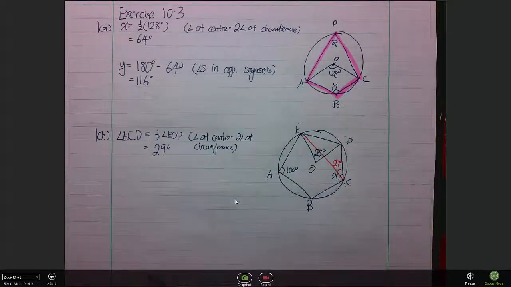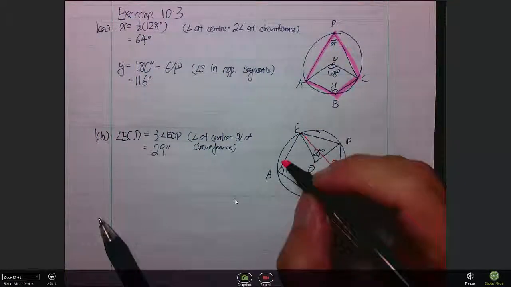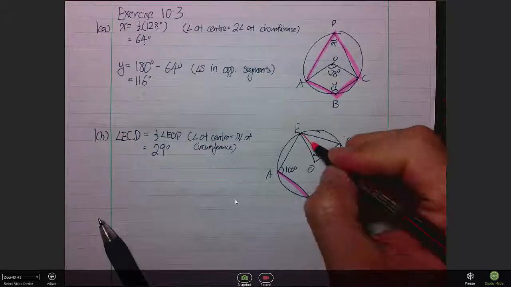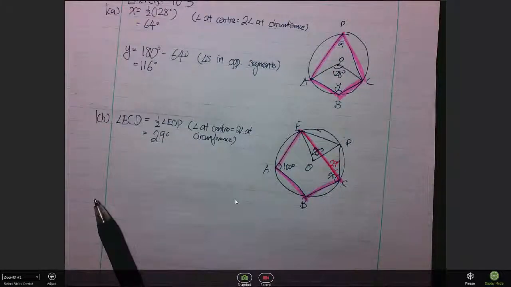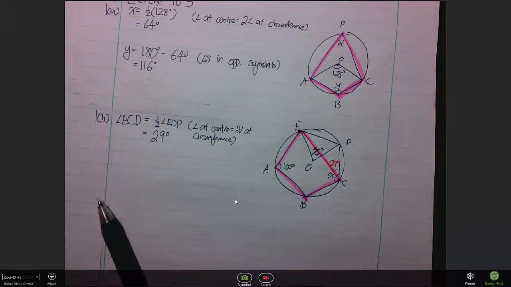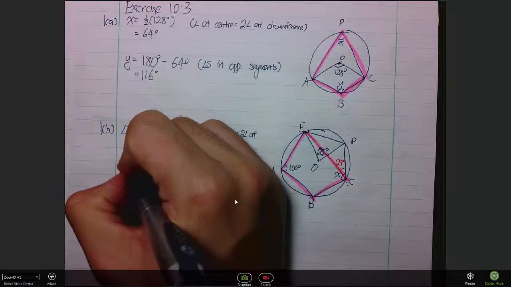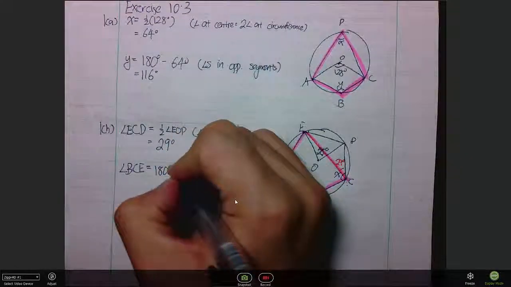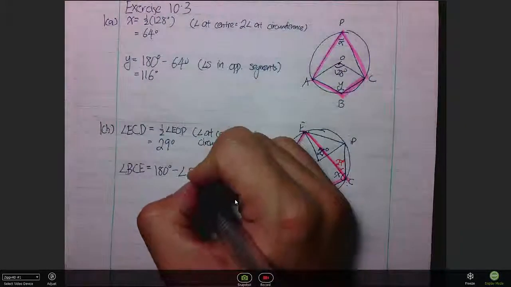Now this red line here will help me to form a cyclic quadrilateral ABCE. So I use highlighter. ABCE is actually a cyclic quadrilateral. So it means that angle BCE will be equal to 180 degrees minus angle BAE.